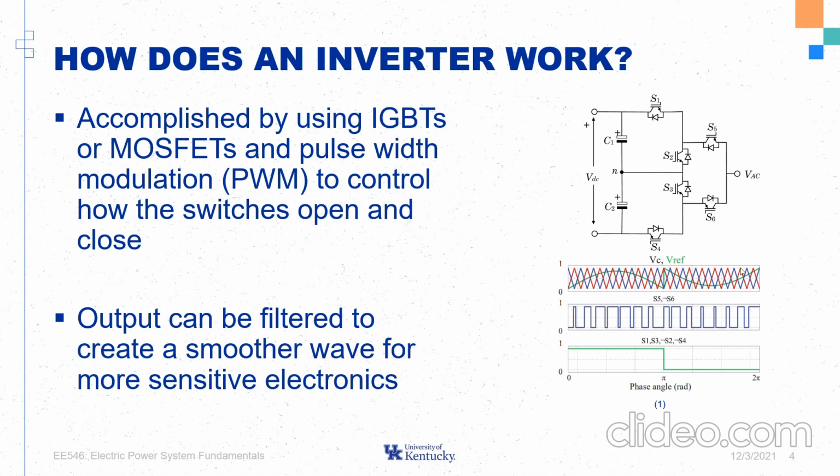When S1, S3, and S6 are on, or conversely, when S2, S4, and S5 are on, the load is connected to the neutral point and no current flows. This output creates a quasi-sinusoidal wave, which can be filtered using capacitors or stepped up to higher voltages using a transformer.